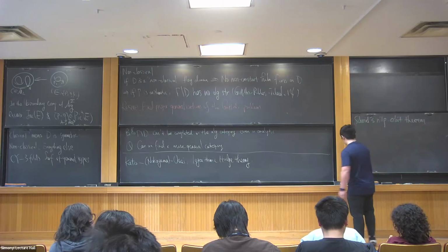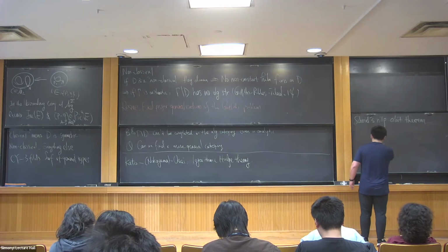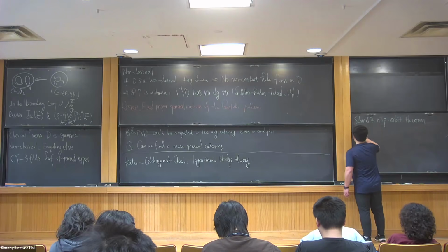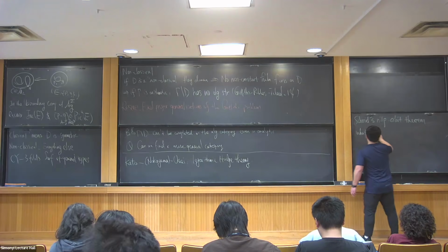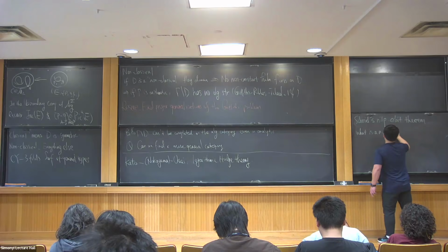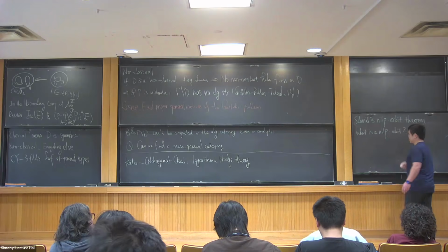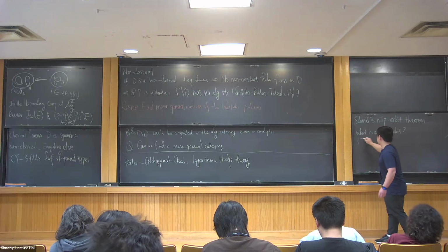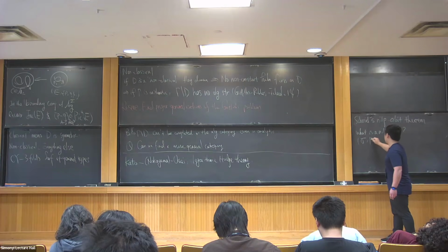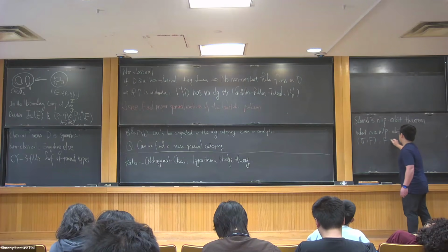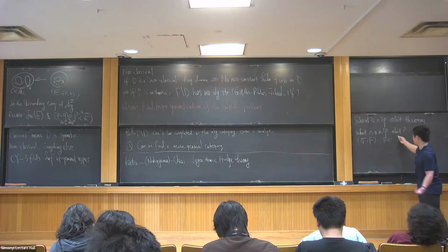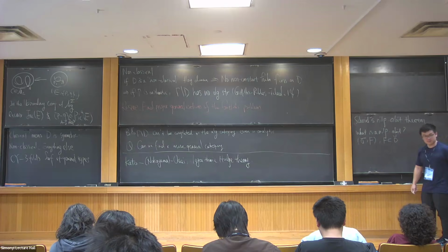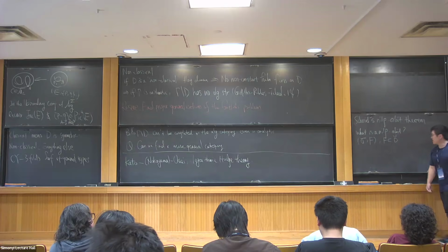Let me choose maybe one of the simplest. So first, what is a nilpotent orbit? A nilpotent orbit is a pair, let me say sigma and F, where F is a Hodge flag, maybe a semi-Hodge flag, in the compact dual of your period domain.